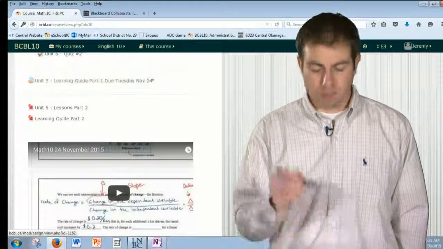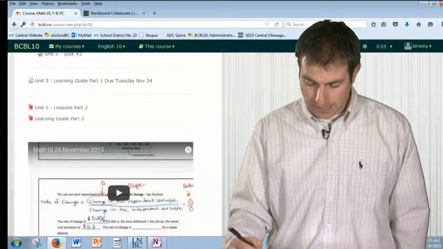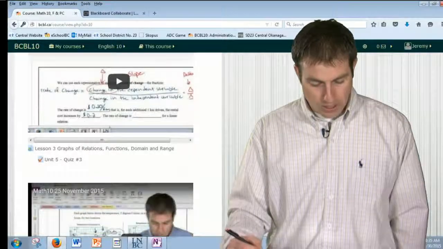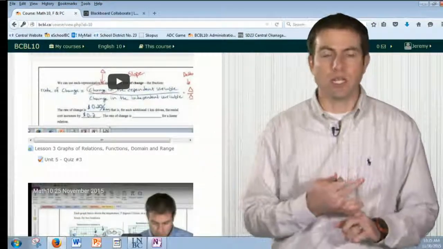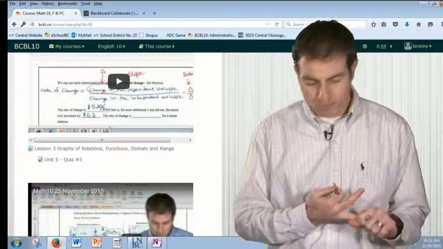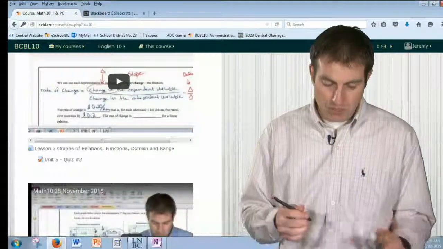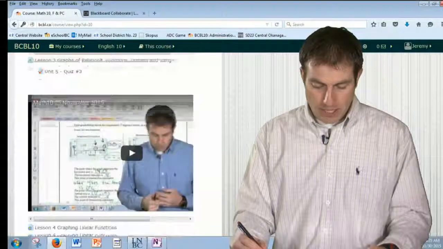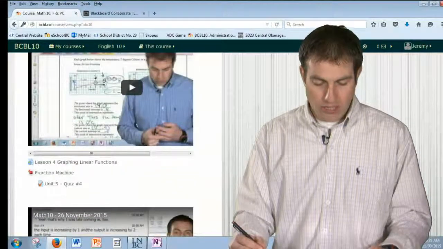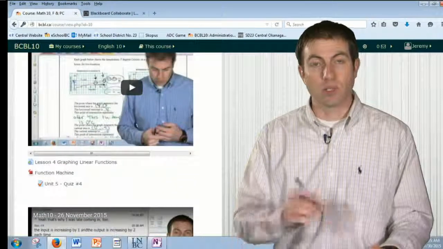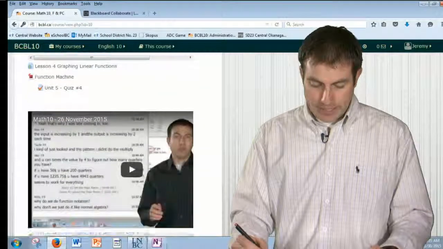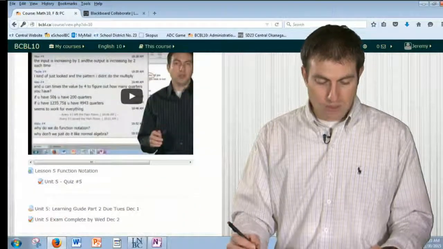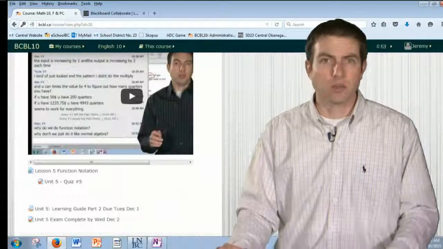Then we continued on in the second half of Unit 5. We did graphs of relations, functions, domain, and range, so talking a little bit about graphing. Then we went on to graphing linear functions, things that were straight lines, no curves. And finally, lesson 5, which we did on Thursday's class, was function notation.